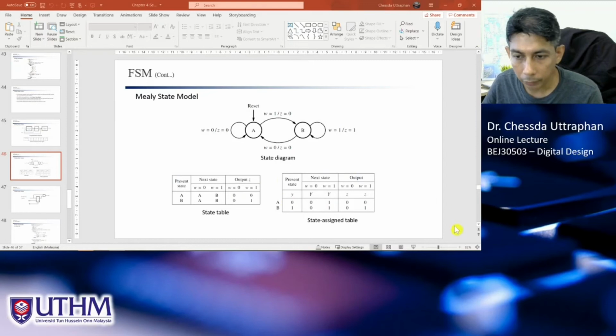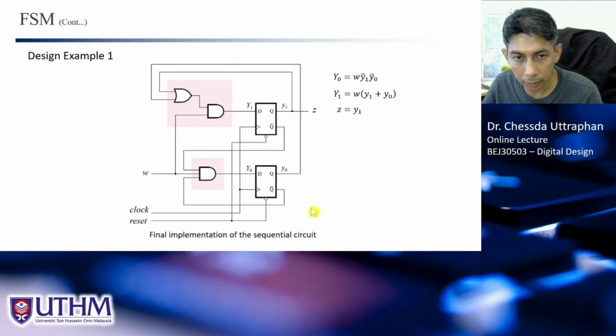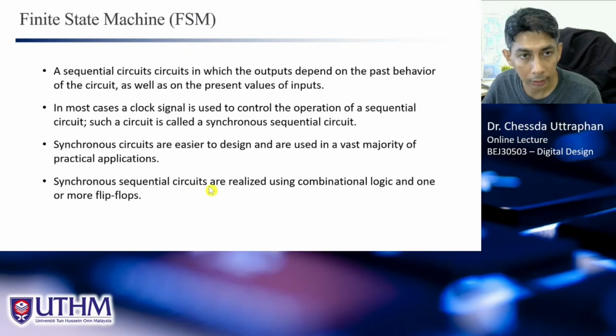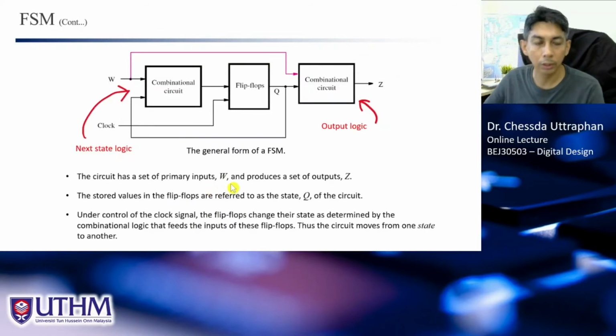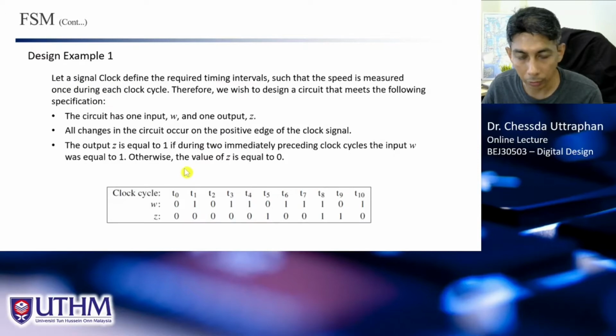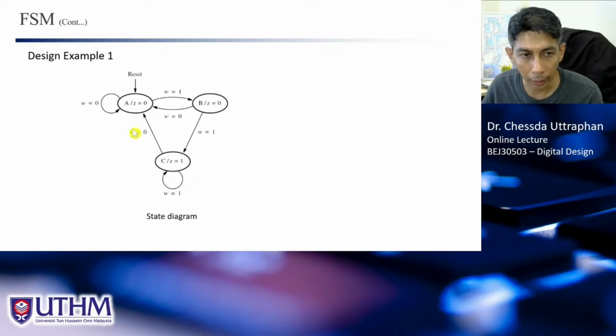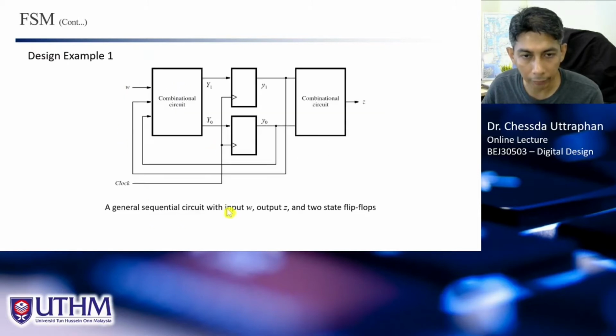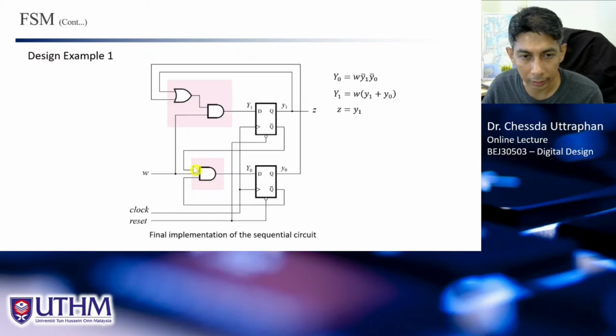Okay, let's continue what we learned last week, which is the finite state machine. Last week we learned a lot actually. You were introduced to the Moore type state machine, where we looked at this example, the automatic speed regulated vehicle, where we derived the state diagram like this, and we derived the circuit.